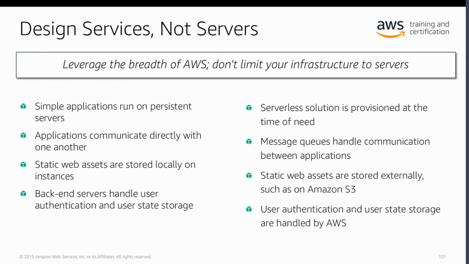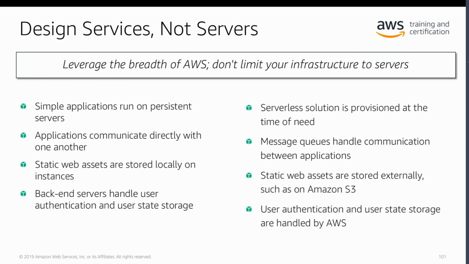You can do things like storing static assets externally on something like S3. You can handle user authentication and state storage through services like Cognito and Elasticache, so that you're not storing state on instances themselves.